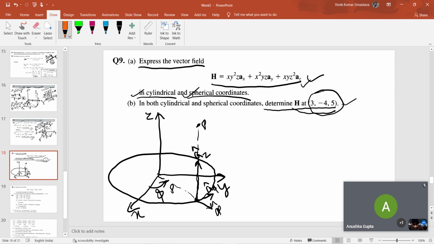So what you have to do is take the projection. Here this will be 90 degrees and this is phi, so this will be 90 minus phi, which will be phi only.